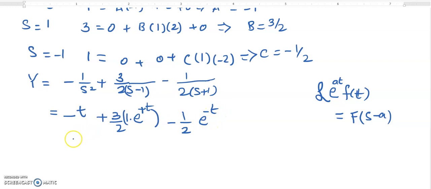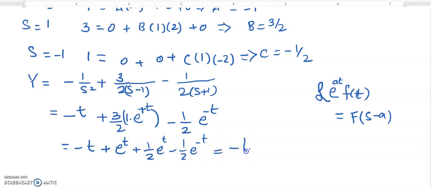Now we can represent this as 3 by 2 e power t, so this can be represented as half of e power t plus half of e power t and minus half of e power minus t. So it is e power t minus e power minus t, and this value is actually the hyperbolic sine, so sine hyperbolic t. So this is the answer.